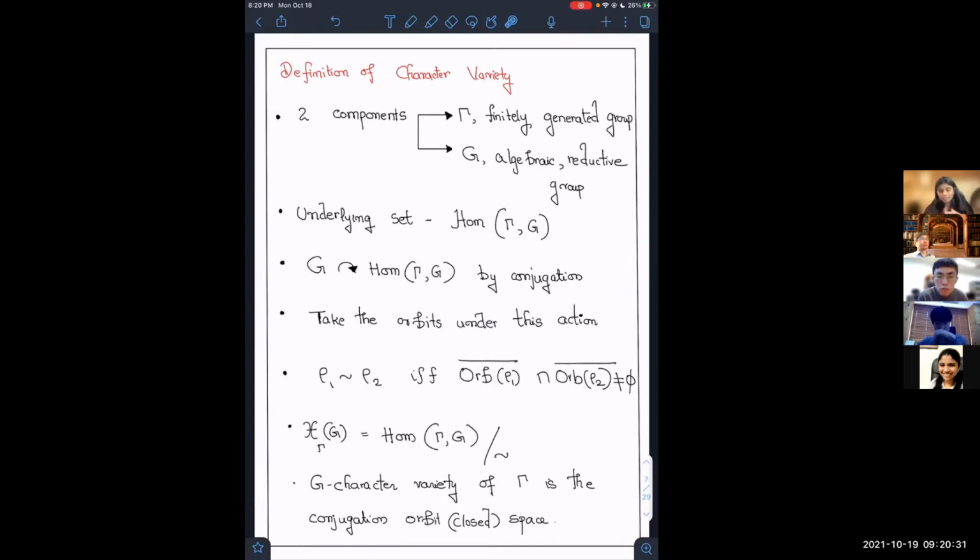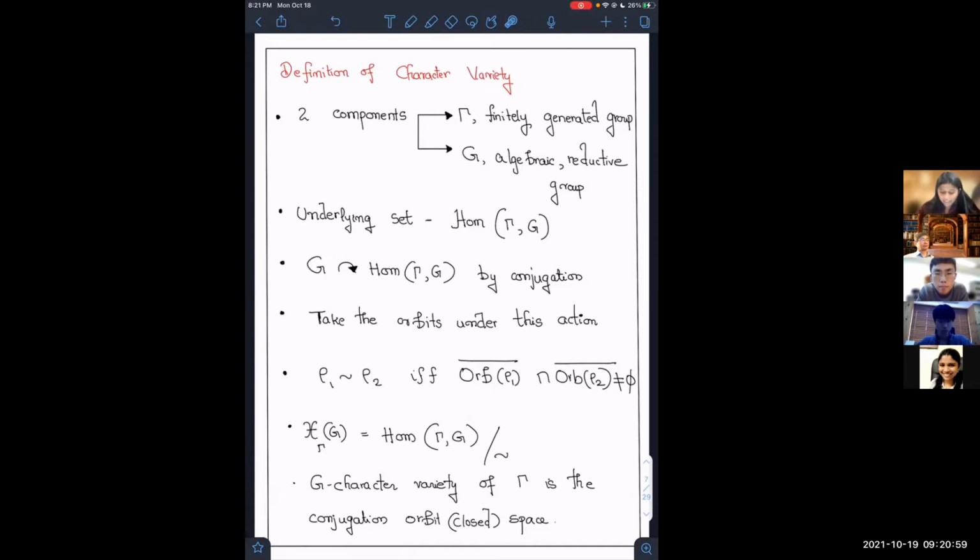So this is the definition of the character variety. In general, it is the conjugation orbit space where we're looking at the closed orbits. Okay, so this gives a definition, right?